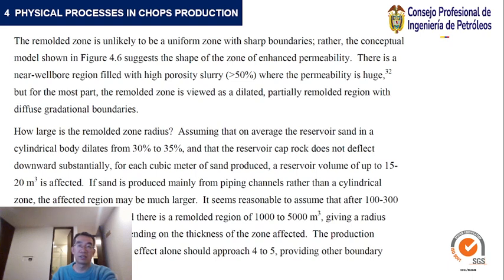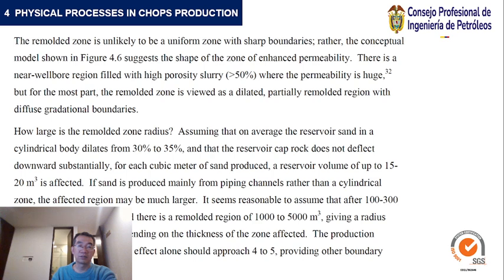Assuming that on average the reservoir sand in a body dilates from 30% to 35%, and that the reservoir cap rock does not deflect downward substantially, for each cubic meter of sand produced, a reservoir volume of up to 15 to 20 cubic meters is affected.